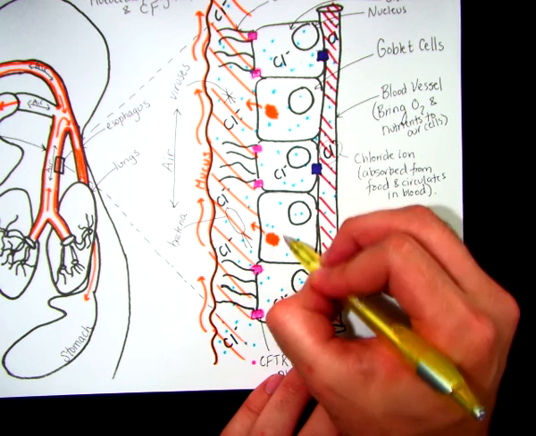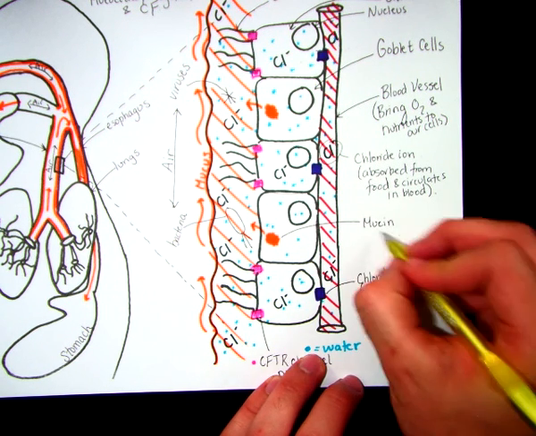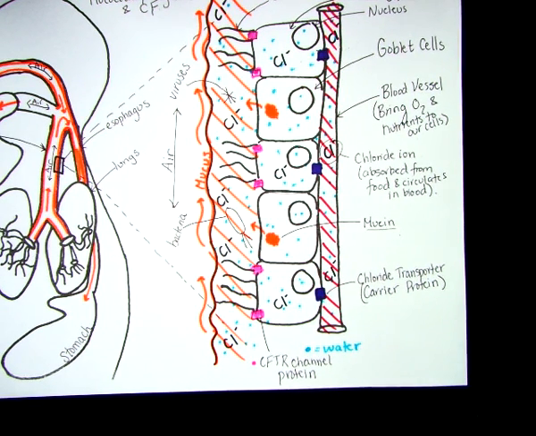Mucin, hold on. So mucin is produced by the goblet cells. Once you have that down, we'll resume talking about this diagram next class. So make sure to bring this with you. I will see you on Wednesday.